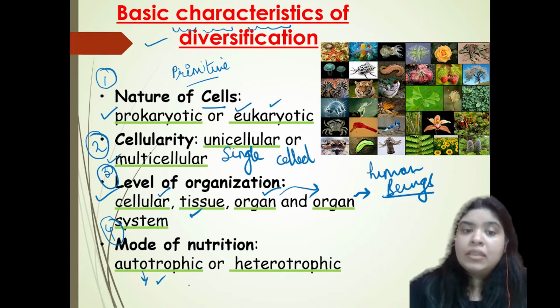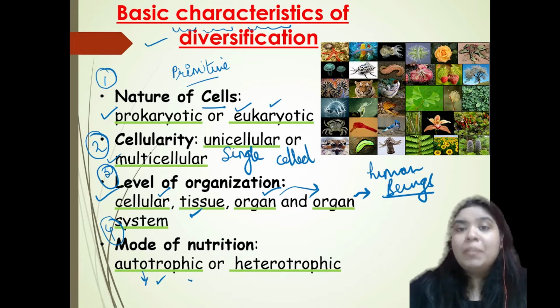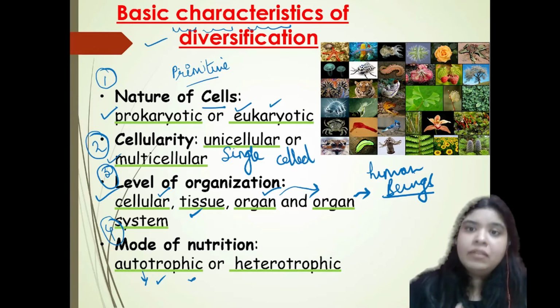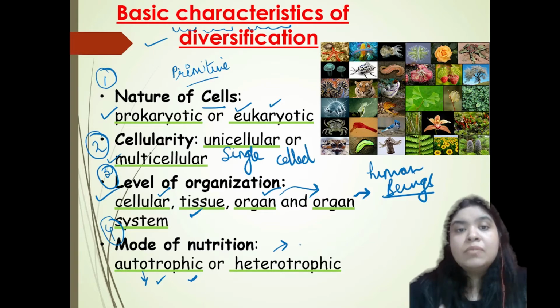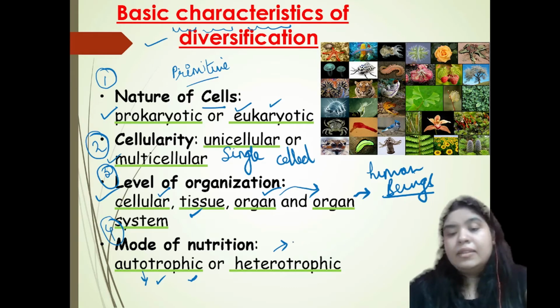Either they use the sunlight or they use chemical energy to obtain the ATP or the energy, or otherwise they can be heterotrophic. The heterotrophic mode of nutrition, as we all know, is the one in which organisms derive energy from other organisms, as they cannot manufacture their own food. So these are the various characteristic features which make each organism different from another organism.